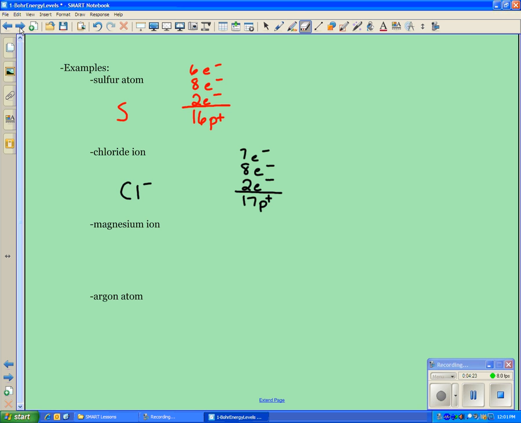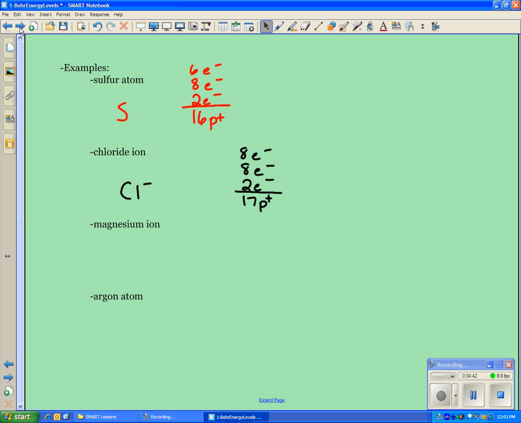But because we want an ion with a charge of -1, we need an extra electron. So we need 8 in the outer energy level. So 17 protons and 18 electrons. That gives us the extra electron for the -1 charge.